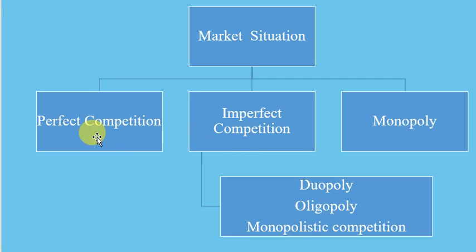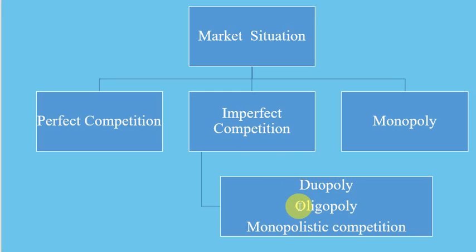Perfect competition and monopoly are the two extremes. In between, we can have imperfect competition, with these different types of sellers' markets. Different markets affect the behavior of the buyers, sellers and even the firms.